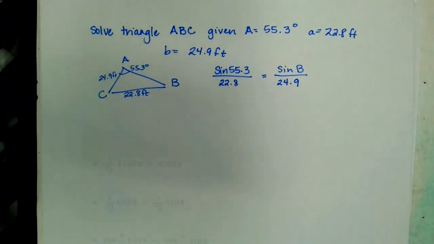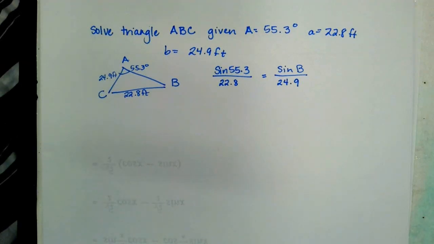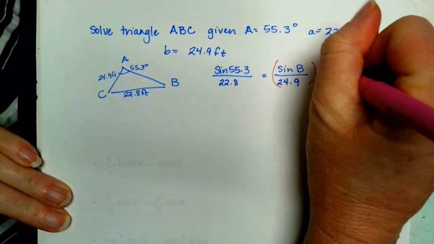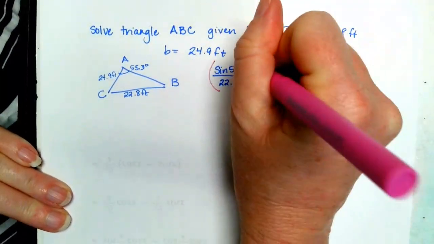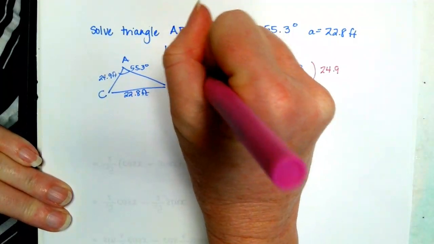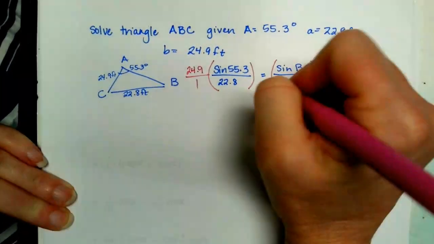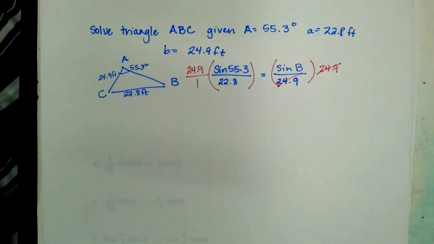Okay, so far so good. Then let's do algebra before we put anything in your calculator. Do all the algebra first, and we're going to put it all in the calculator at once. So I'm going to multiply both sides by 24.9. And remember, that would be 24.9 over 1. So on the right-hand side, that cancels.